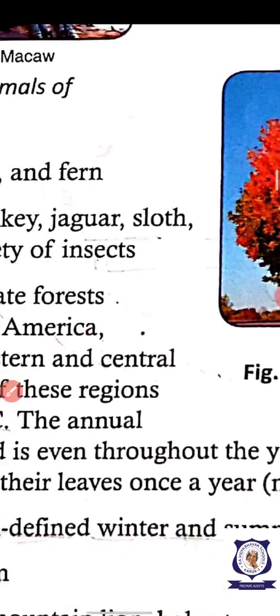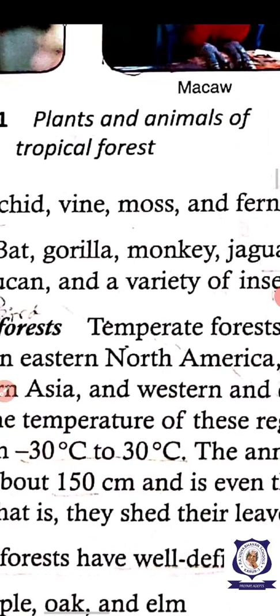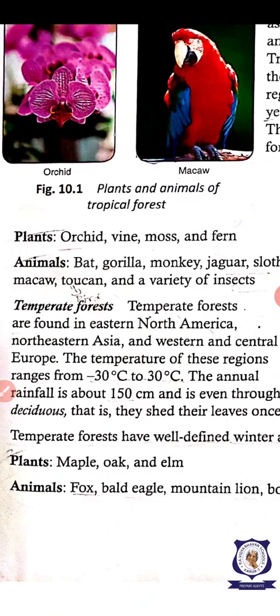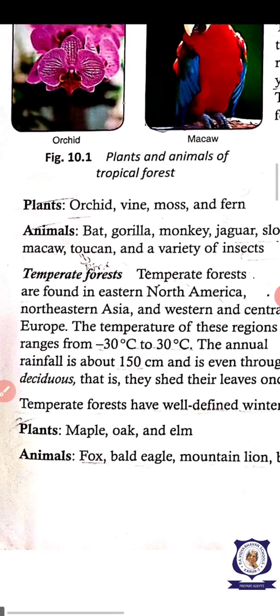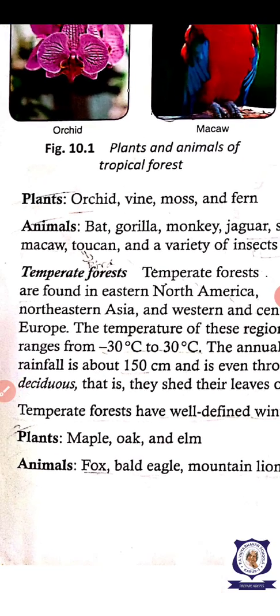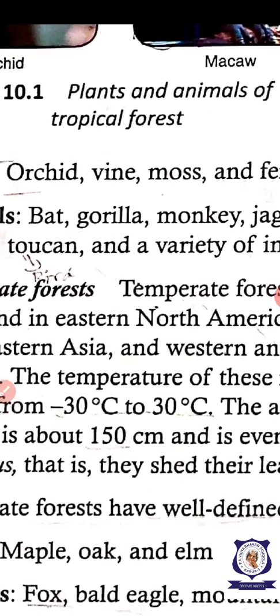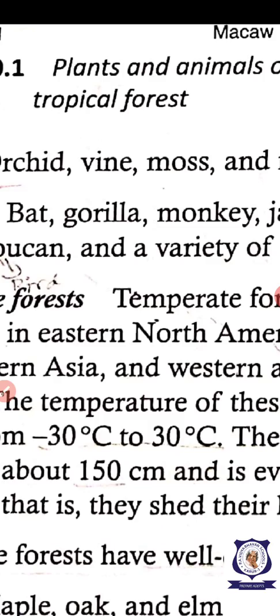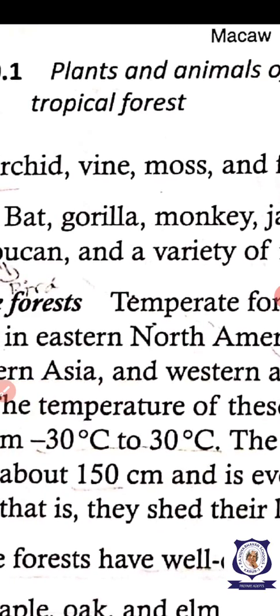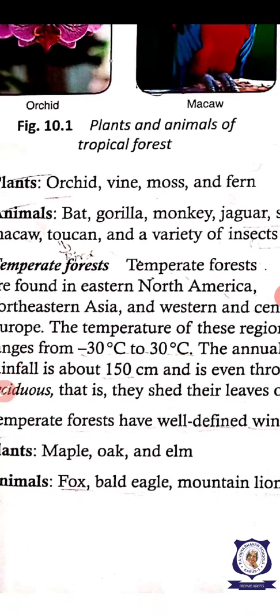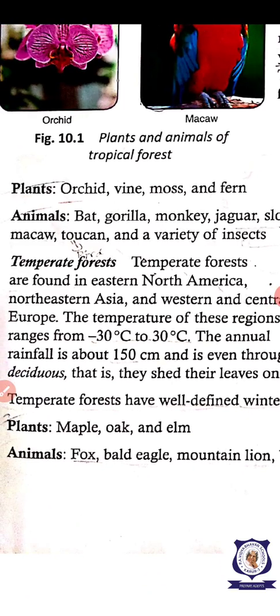Now what plants are seen in the tropical forest? In tropical forest, we see orchid, vine, moss and fern. Vine means kodigal, all vines. Orchids, you know orchids.